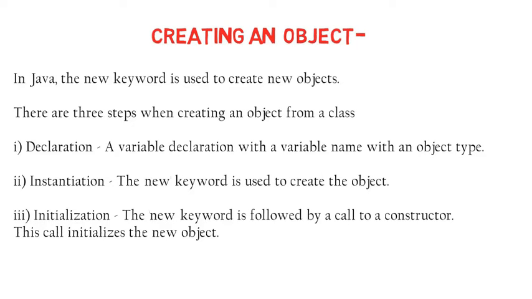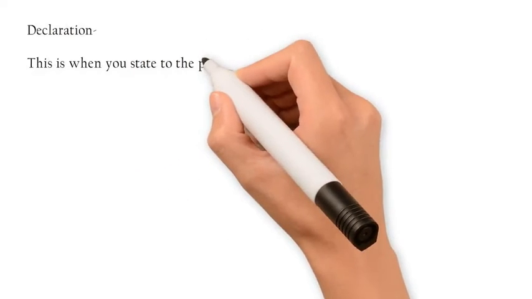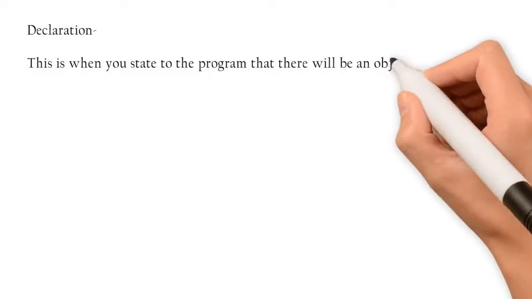In declaration, as we create a variable, we can create an object also. In instantiation, the new keyword is used to create the object. In initialization, the new keyword is followed by a call to a constructor. This call initializes the new object. We will see these in detail.